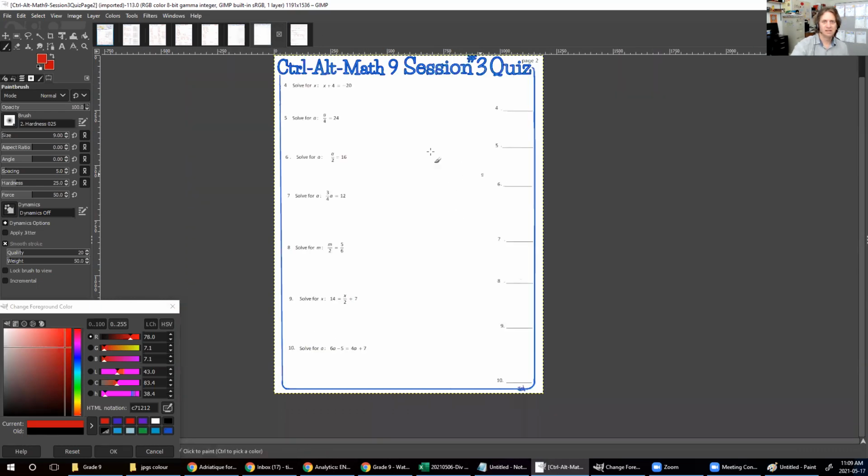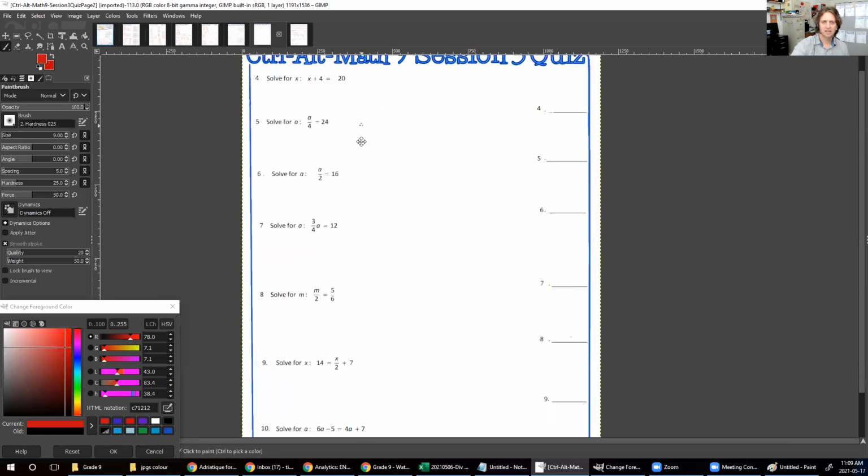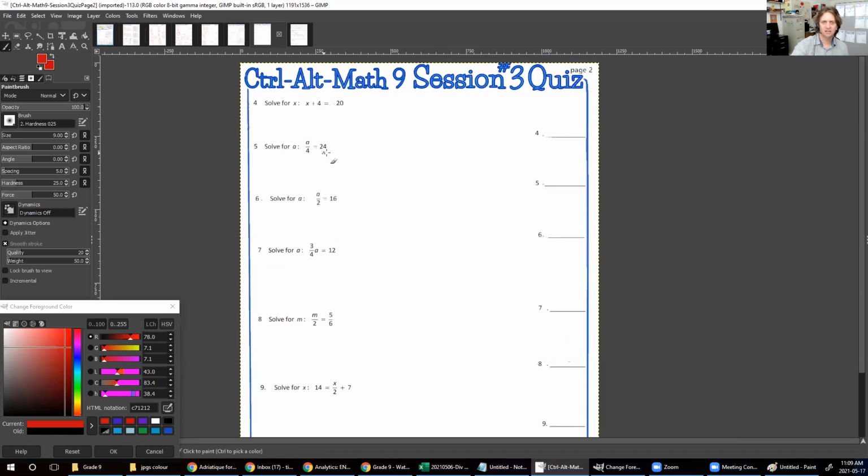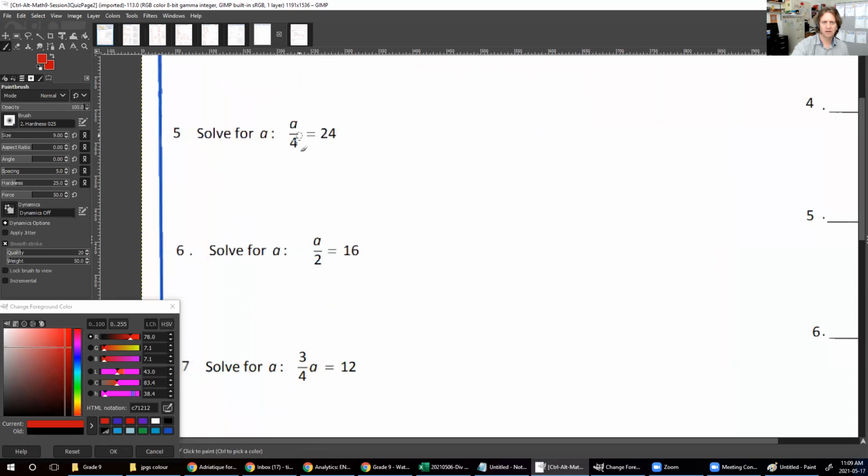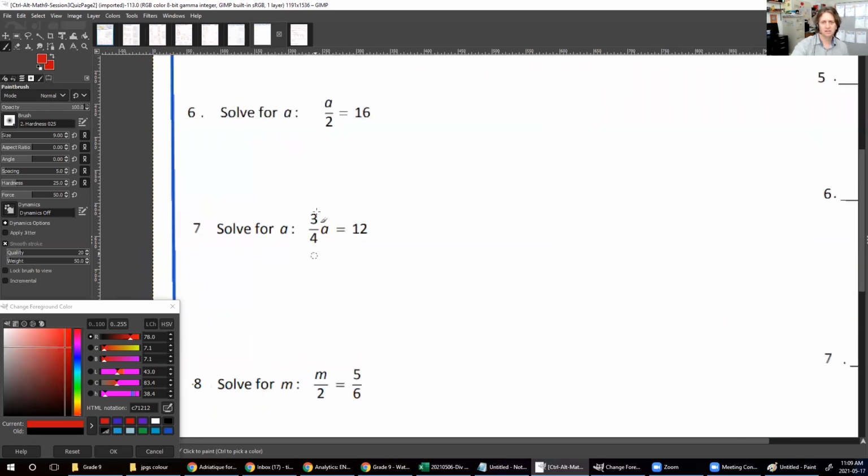And the last one is solving for x. This looks easy. It's divided by 4, so you can multiply by 4. Divided by 2, so you multiply by 2. This one, you're going to get rid of the 4 and then get rid of the 3.